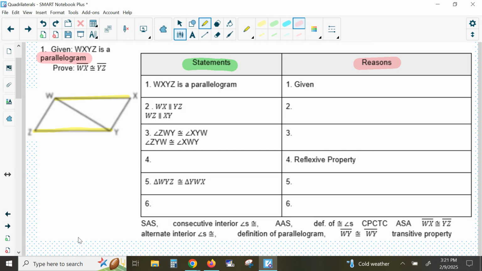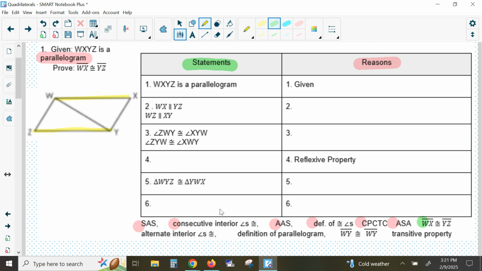So let's look through this stuff. What kind of things show up on the pink sheet? This one does. Consecutive interior angles does. Angle side does. Definitions do. Corresponding parts of congruent triangles do. Angle side angle does. Does this show up on the pink sheet? No. So that would be a statement.